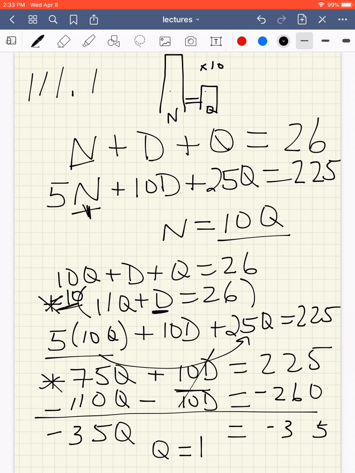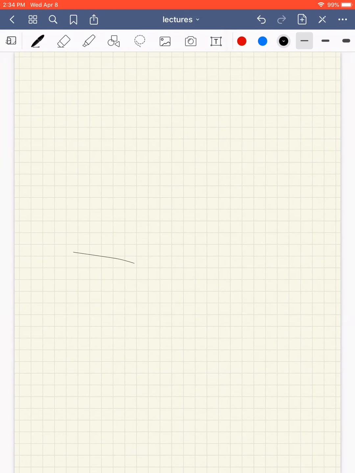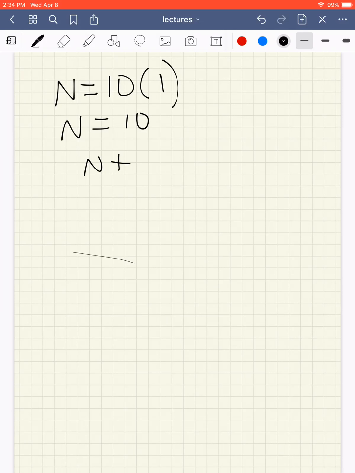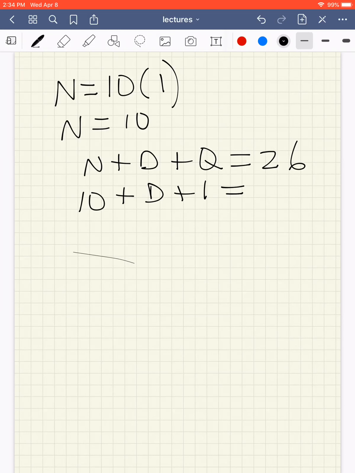And this asks for how many coins of each type. Alright, well we know that the nickels are equal to 10 times the quarters. Okay, so N is going to be 10 times the 1, so N is 10. And then we also knew that the total number of coins was 26. So now we know the nickels are 10. The quarters were 1.